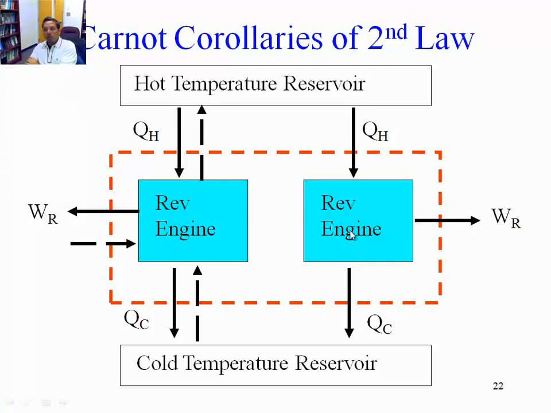If you have two reversible power cycles, they both can be operated reversibly, and they're both operating within the same two thermal reservoirs, we know that Qin is going to be absorbed from the hot temperature reservoir, and Qout or QC is going to be the heat rejected from the system over to the cold temperature reservoir. In the process of doing so, we're going to generate a net amount of work called WR.